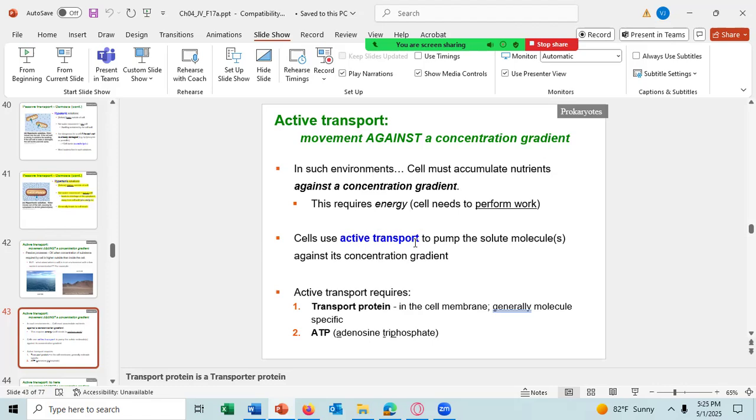This costs the cell 1 ATP molecule per molecule moved against its concentration gradient. So the cell has to spend 1 ATP molecule for each molecule it moves into the cell, or against its concentration gradient, because it could pump it out of the cell if it wanted to.